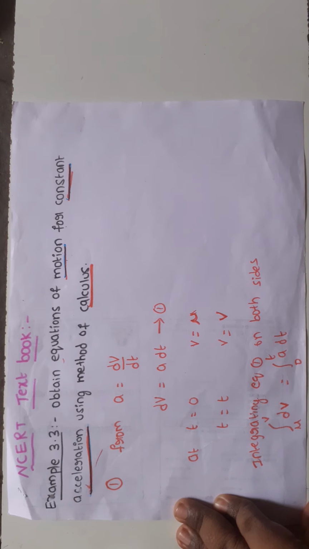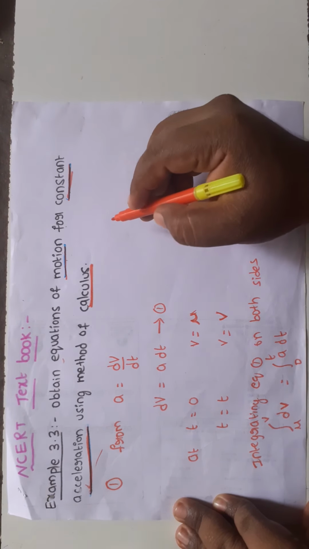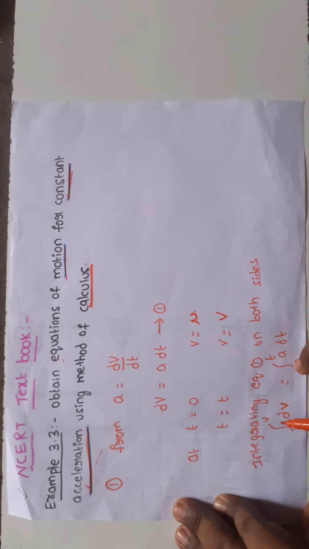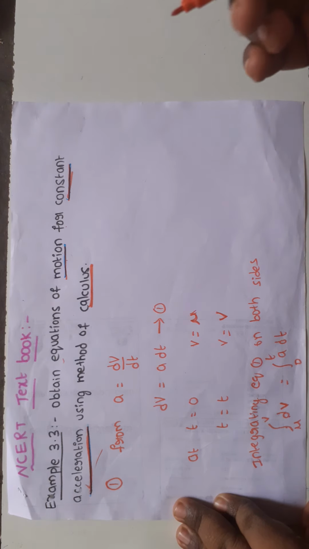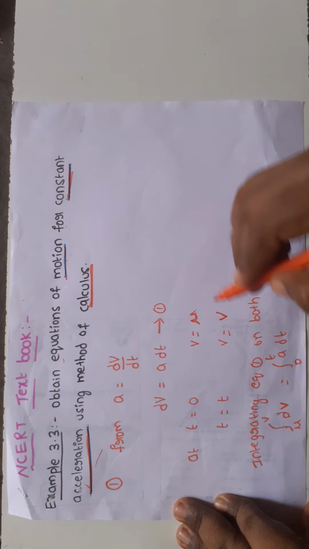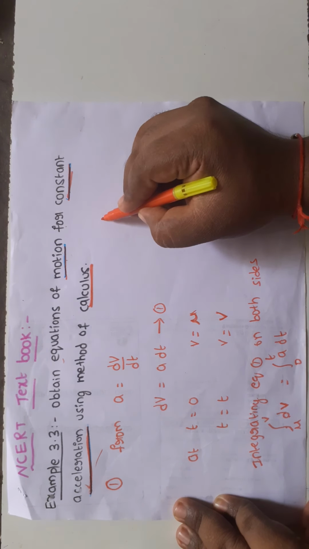Those are called limits. Next, this is the differentiation and this is the integration symbol. Whenever we do them simultaneously, integration and differentiation cancel each other, so we are getting v.